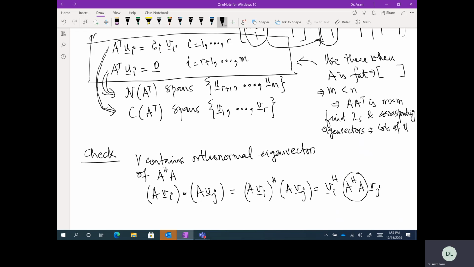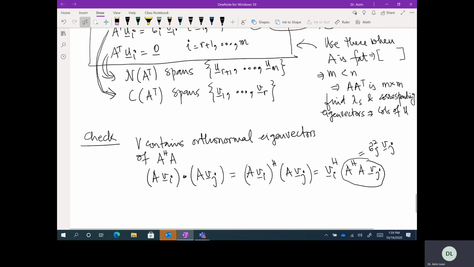So A^H A Vj is simply, actually this should be sigma square j Vj, because these are the singular values which are the eigenvalues of this matrix.